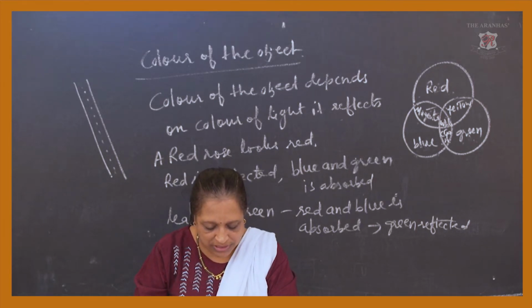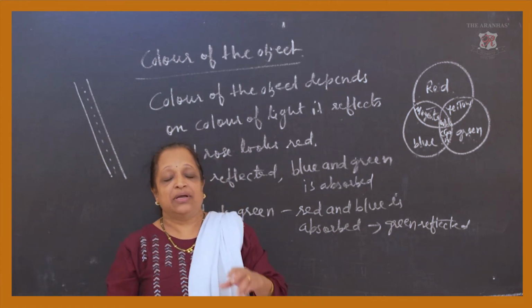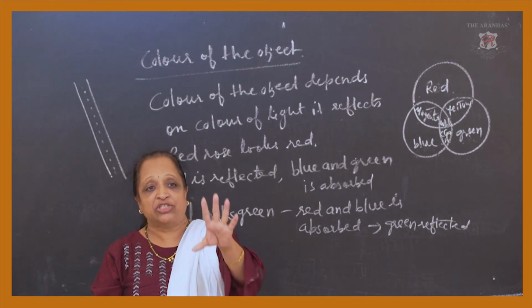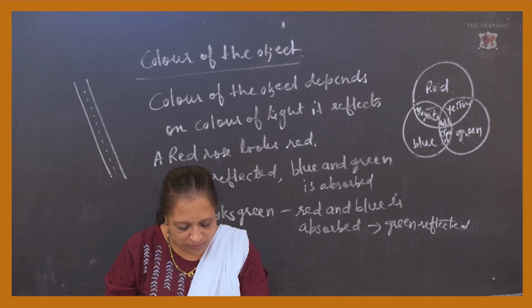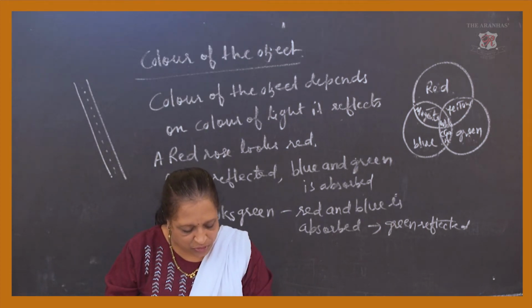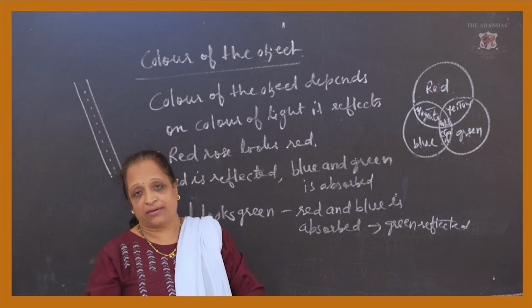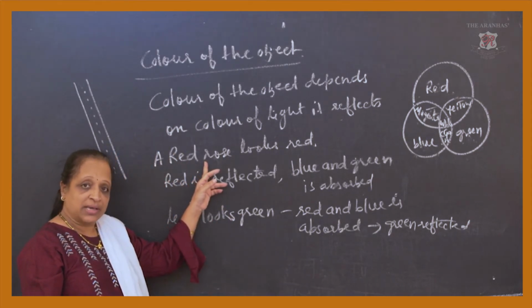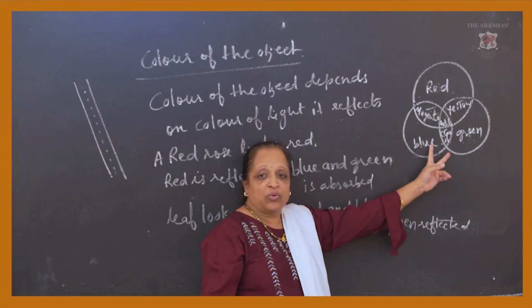How would a rose appear in green light? That means if green light is flashed on a red rose, the rose absorbs the green light, so it would absorb all the light falling on it and reflect nothing. In other words, it would appear black. Because we have seen that a red flower looks red because it reflects the red color, but absorbs the blue and the green color.